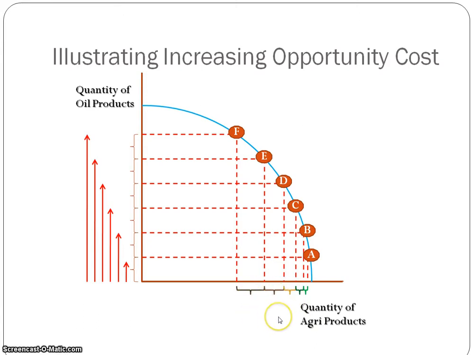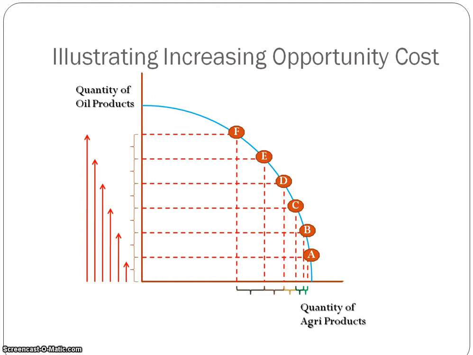It therefore means that the amount we lose or sacrifice, or our opportunity cost incurred, increases throughout. Therefore, we can say that this production possibility curve depicts increasing opportunity cost.